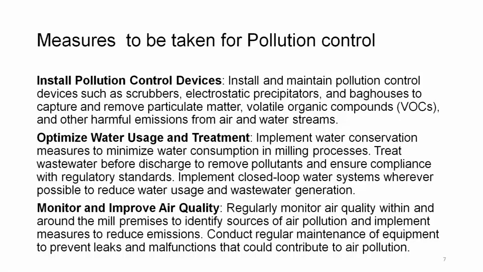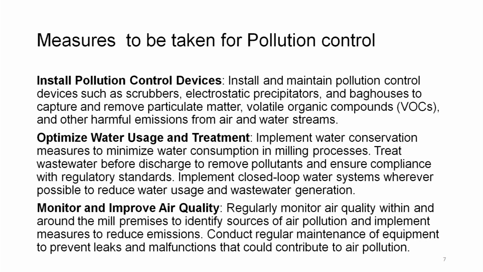Measures to be taken for pollution control. Install pollution control devices. Install and maintain pollution control devices such as scrubbers, electrostatic precipitators and bag houses to capture and remove particulate matter, volatile organic compounds, that is VOCs, and other harmful emissions from air and water streams.